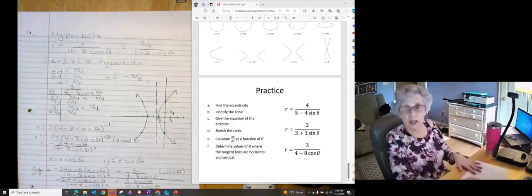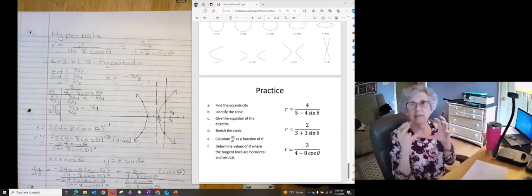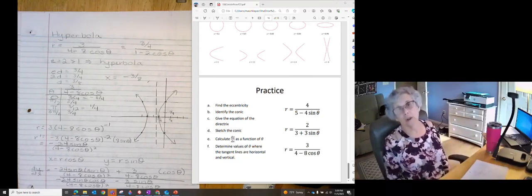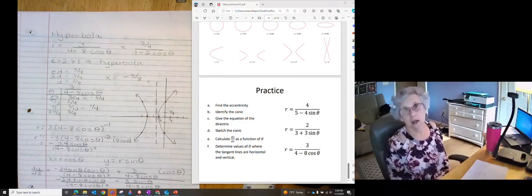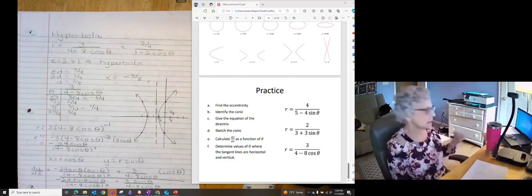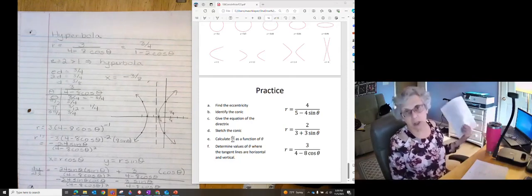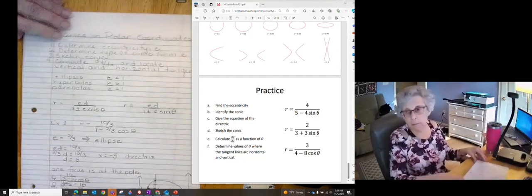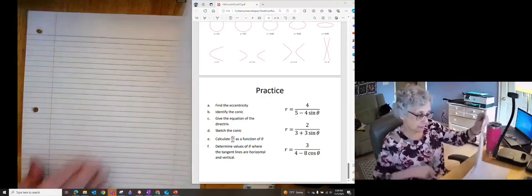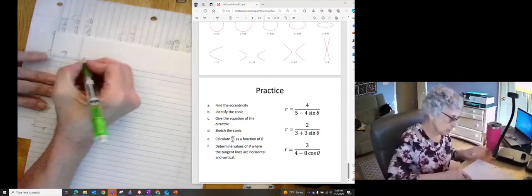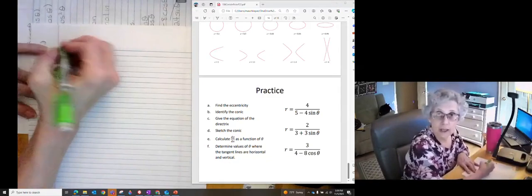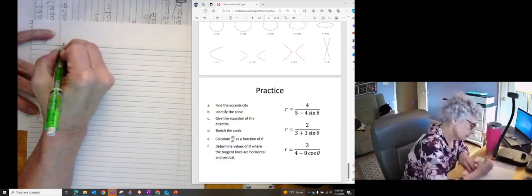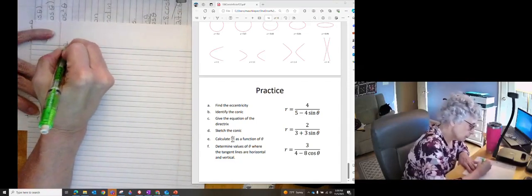So a lot of this is just applications of section 10.4, where we learned about polar coordinates in calculus, and now we're just applying it to conic sections in polar coordinates. So your game plan: you're given a polar version of a conic, you get it into the proper form.